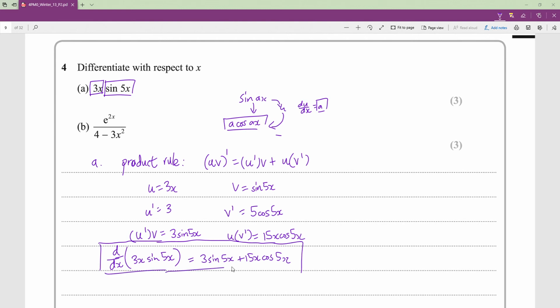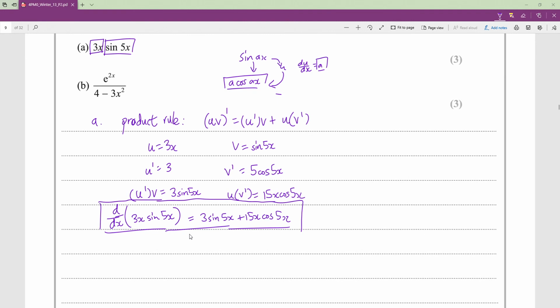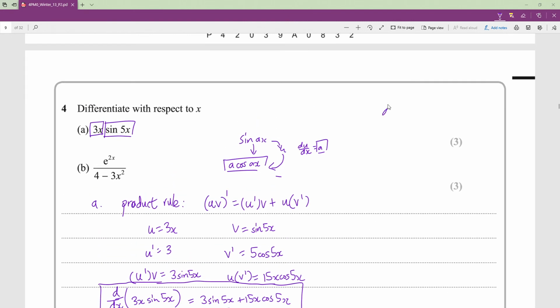Cool. One thing to note, why do I write it like this? Because think of it this way, dy by dx is equal to d dx times y. And instead of y, we're just writing whatever we're differentiating. That's what I mean by d dx bracket this.